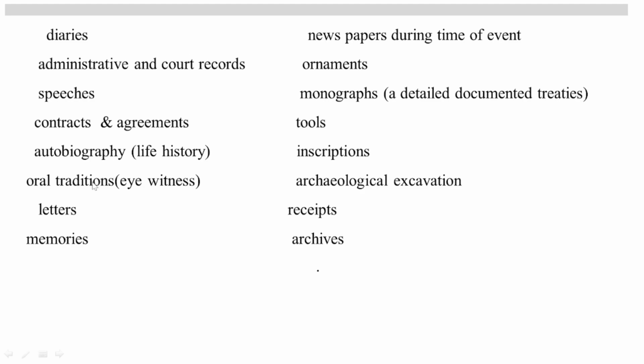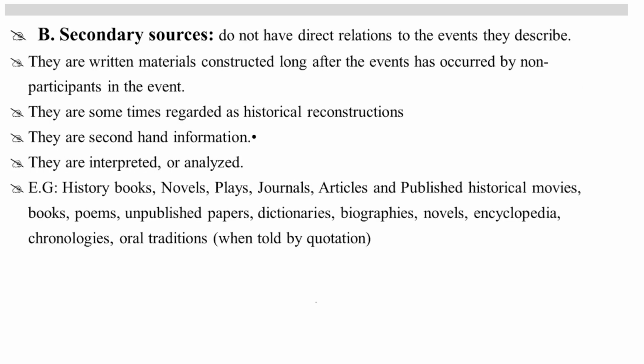Therefore, it could be a primary source when it is an eyewitness account. Archaeological excavation is also an example of a primary source. Letters are examples of primary sources. Memories are primary sources. Receipts and archives are examples of primary sources. This means the first one is primary, and the second one is secondary sources, the opposite of primary source.